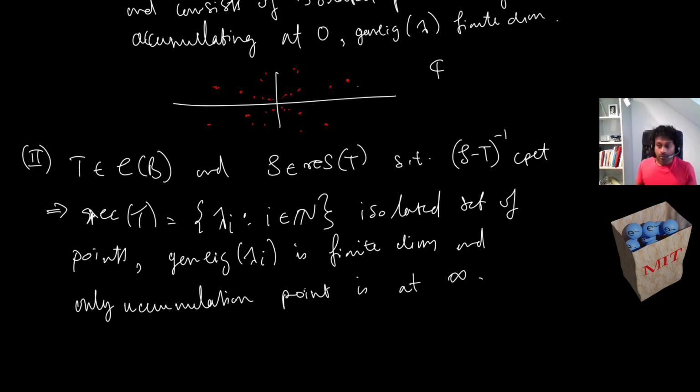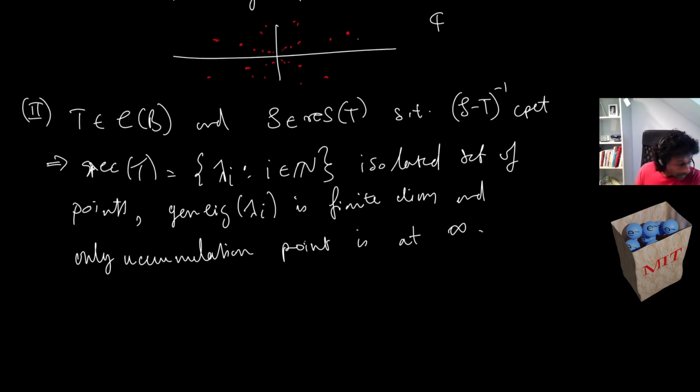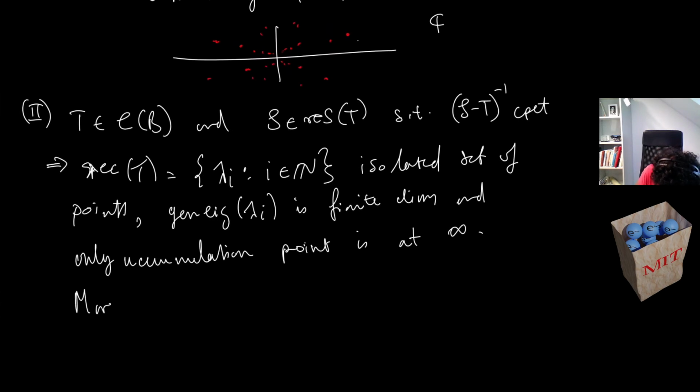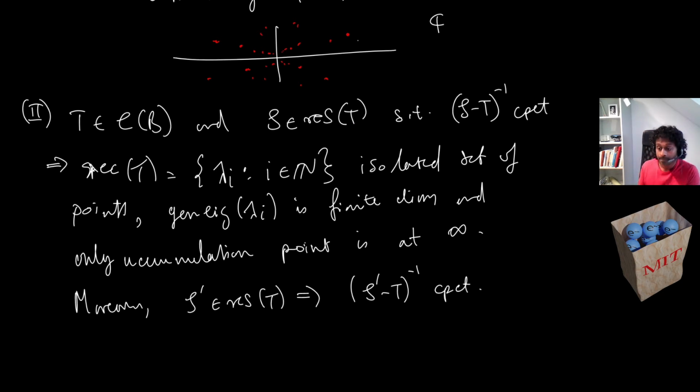So there are no finite accumulation points. Moreover, if zeta prime is in the resolvent set of T, then we also have that (zeta prime minus T) inverse is a compact operator. Okay?